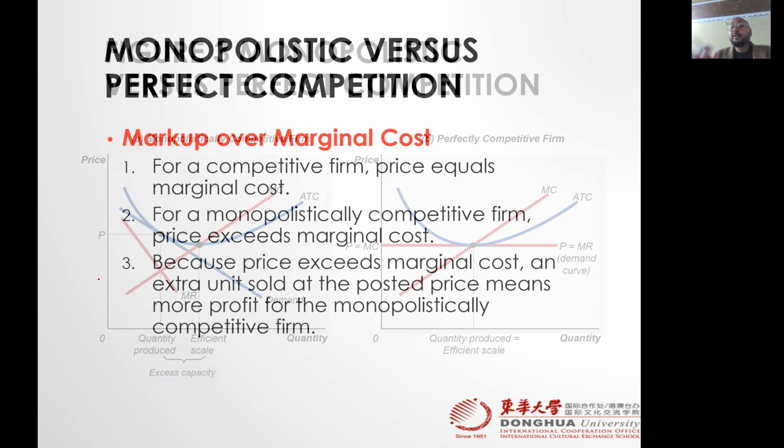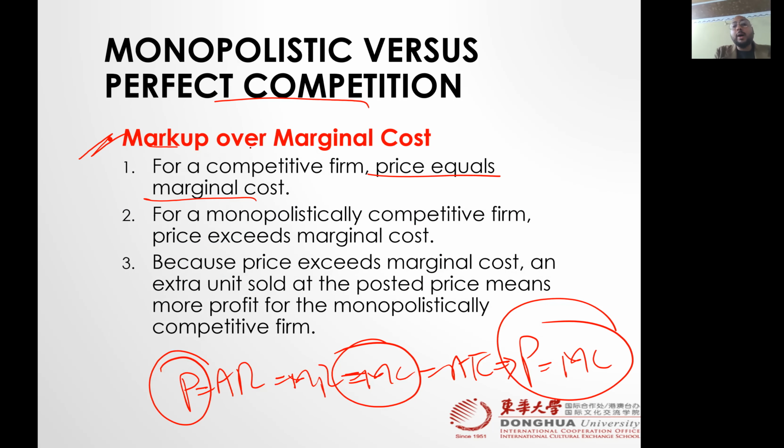That difference is called markup over marginal cost. So for a monopolistically competitive firm, price exceeds marginal cost. Because price exceeds marginal cost, an extra unit sold at the posted price means more profit for the monopolistically competitive firm.